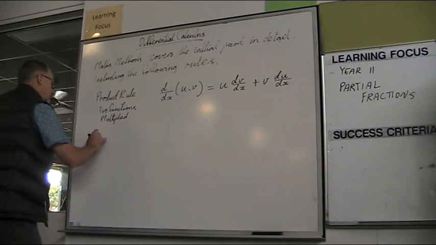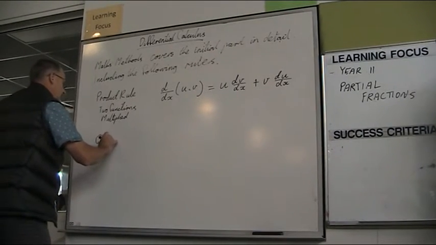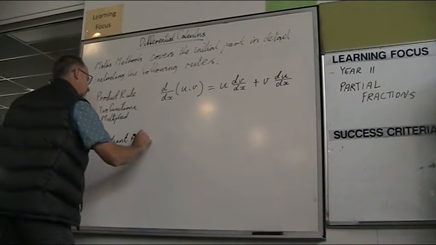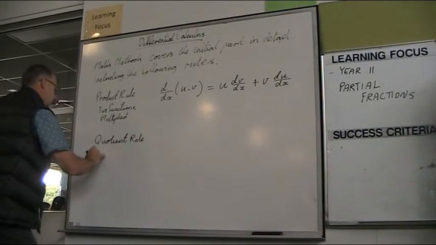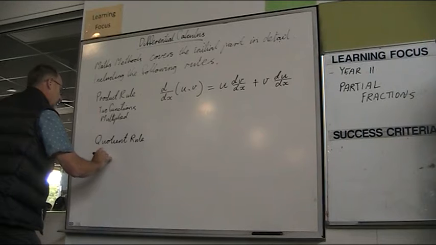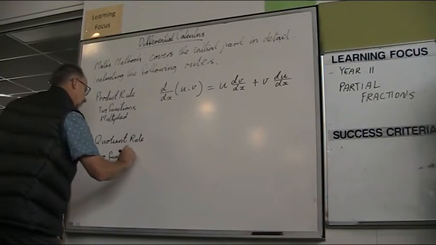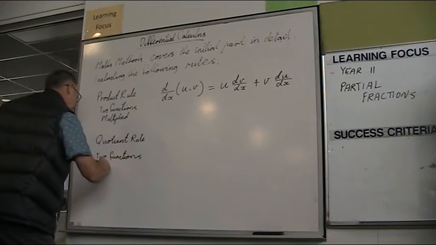Then the next rule that we use is called the quotient rule, and we use that when we have two functions divided.